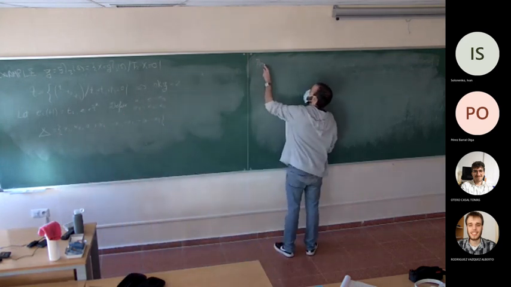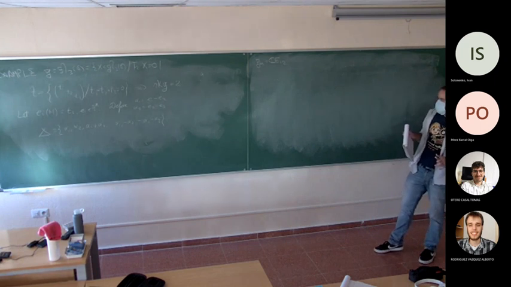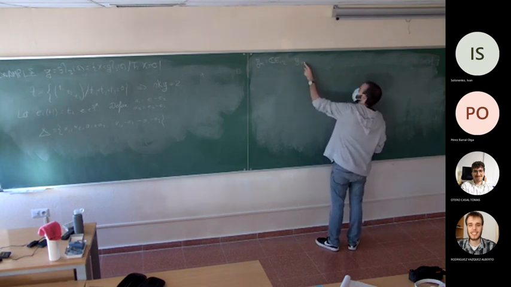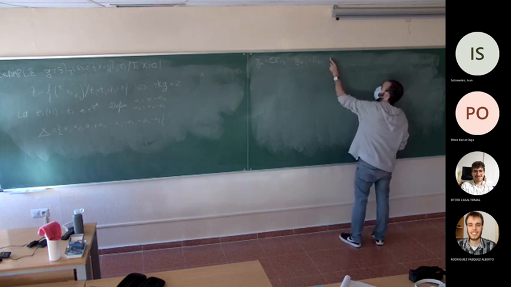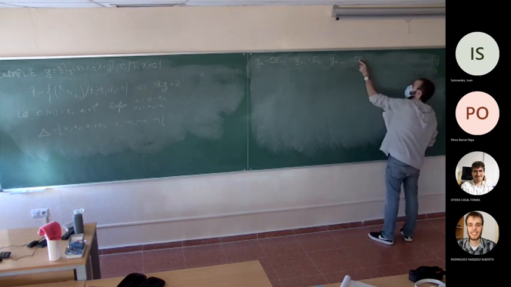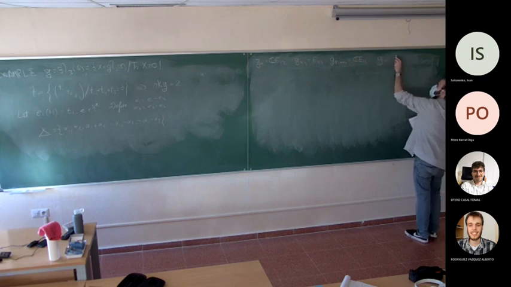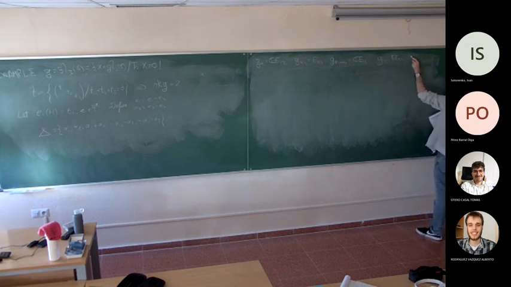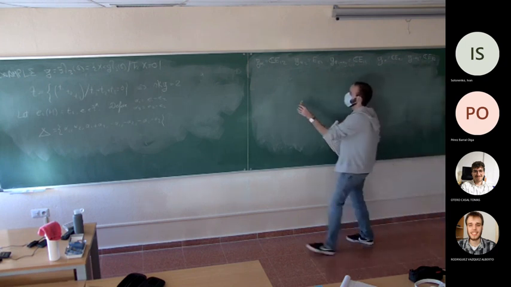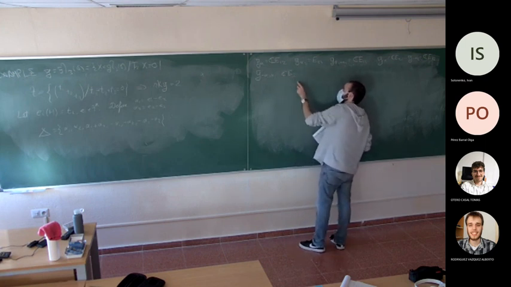So g_alpha1 is a straight line generated by E12. Here, E_ij is the matrix that has every entry 0 except for the ij component, so the standard kind of matrix. g_alpha2 is equal to C times E23. g_(alpha1 plus alpha2) is C times E13. And g_(minus alpha1) is equal to C times E21. g_(minus alpha2) is equal to C times E32. Finally, g_(minus alpha1 minus alpha2) is C times E31.